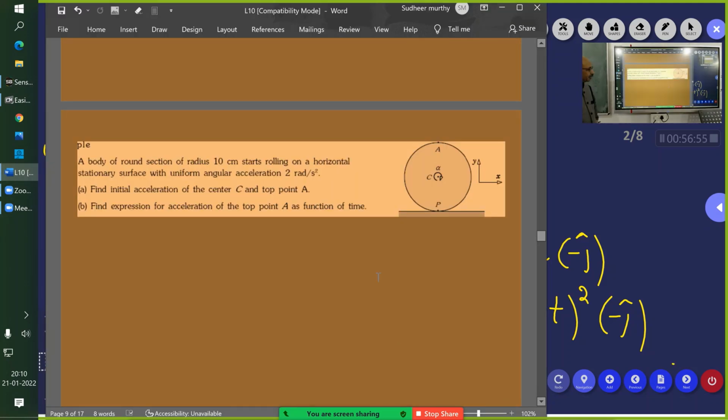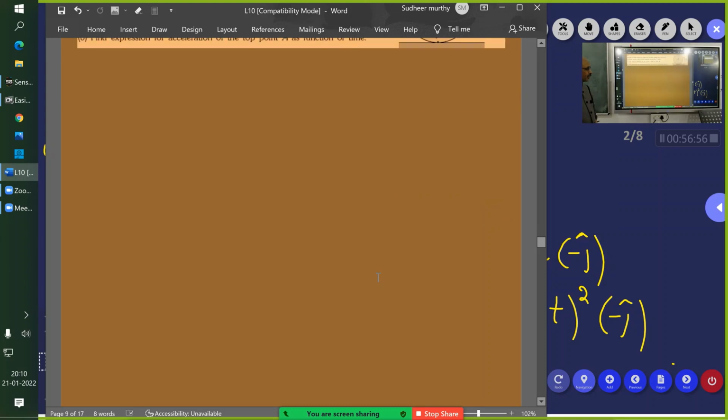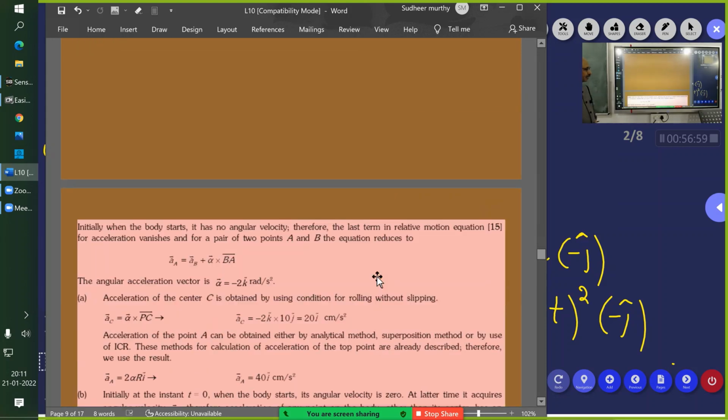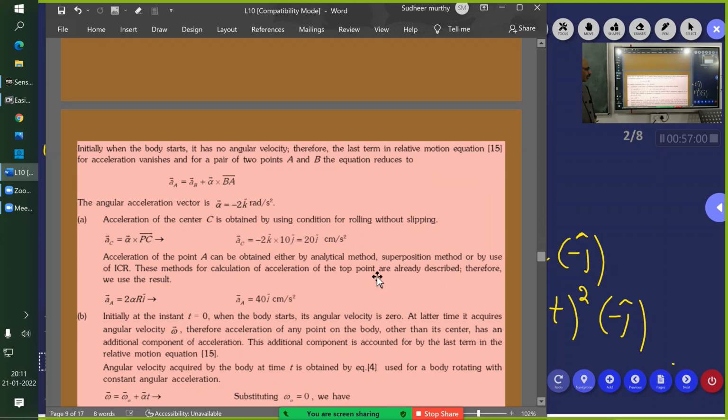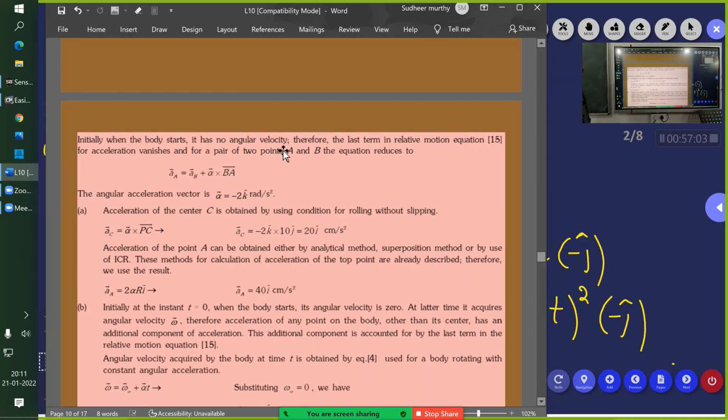We just check out what they have done. Starts knowing, we have also considered the same thing. So we got A bar is equal to AB bar, so alpha is equal to 0. So we got AC equal to alpha PC, and of course we have not plugged in the values.